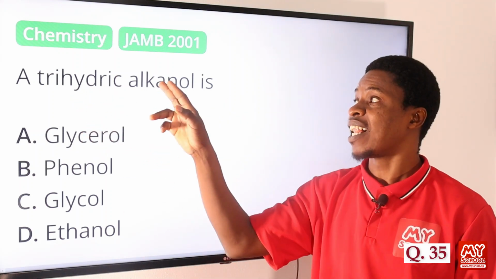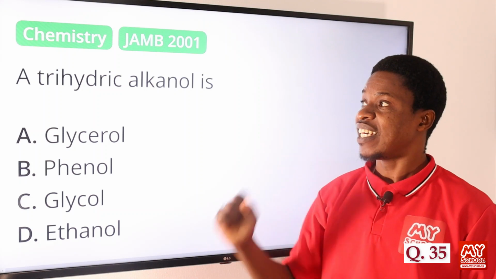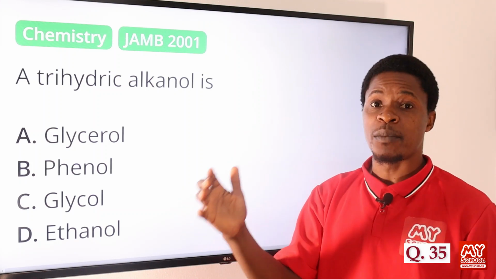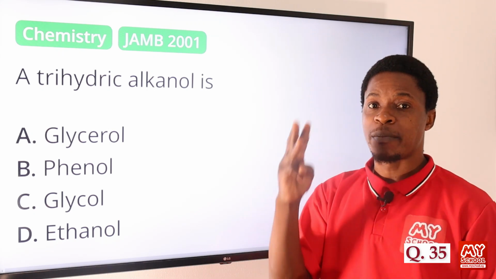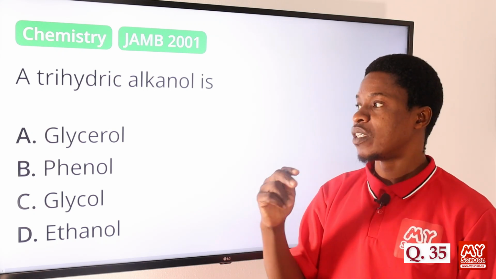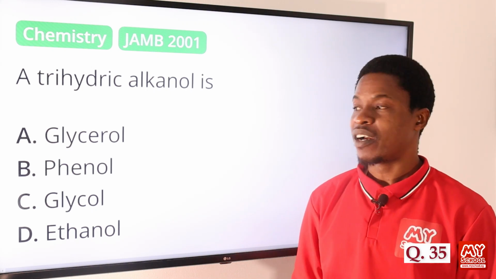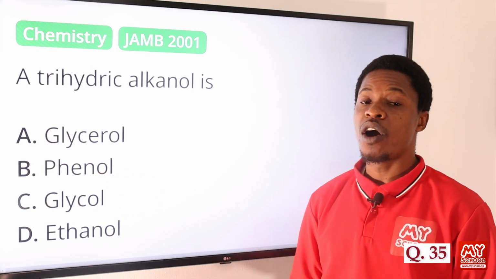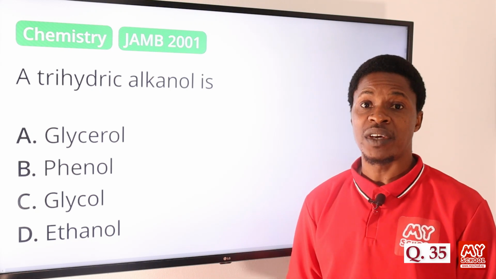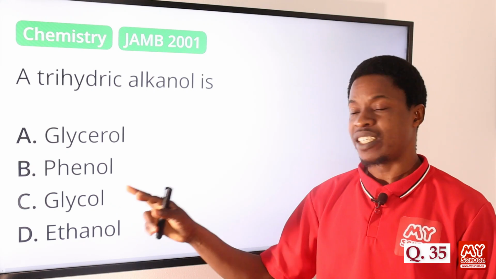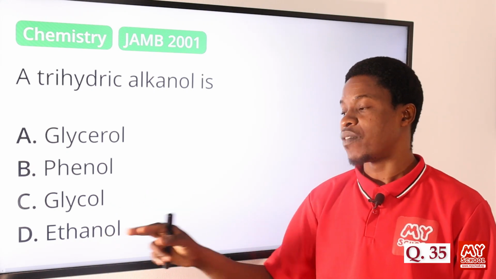So a trihydric alkanol is what? It is a hydrocarbon that has OH attached, about 3 of them attached to it. Glycerol, of course, is most likely the correct answer. Phenol is just a benzene ring with OH attached to it. So glycol is also not that, and then we have ethanol.